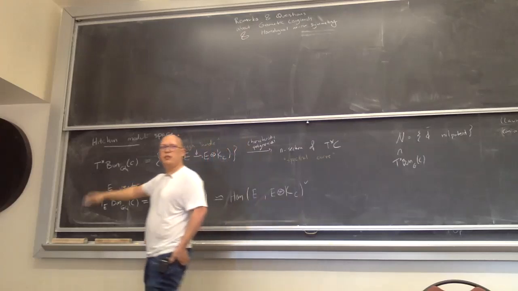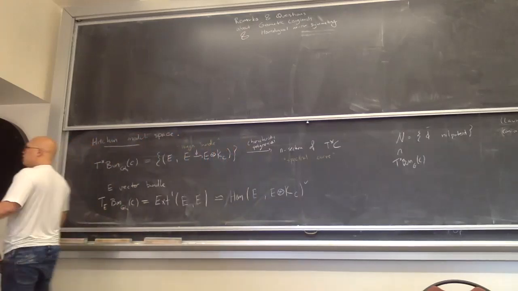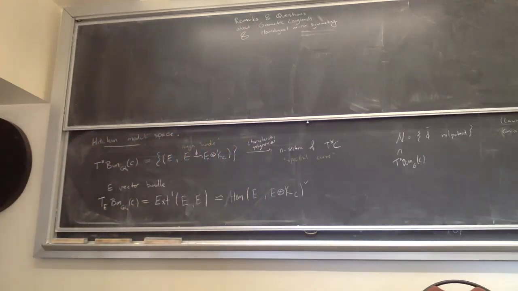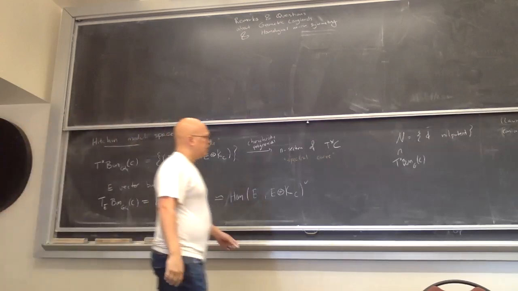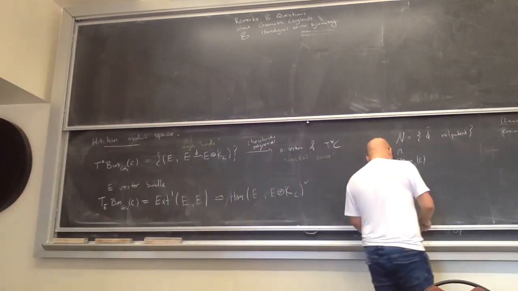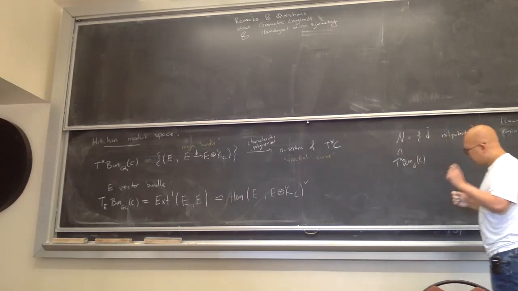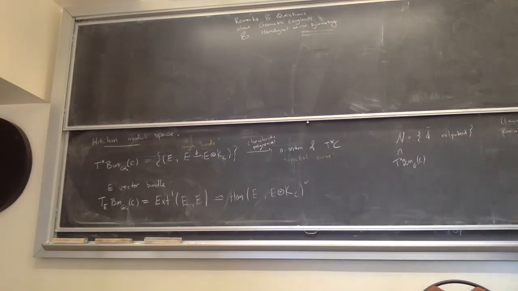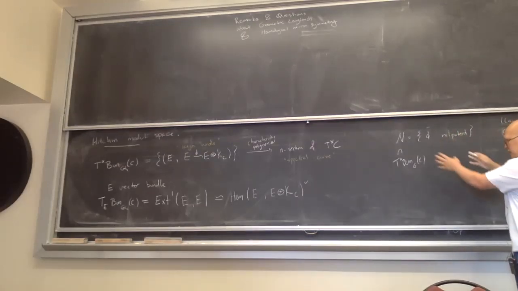Maybe I discussed a little bit what microsupport is about. I think it's certainly a belief and maybe a theorem that these Hecke eigen objects have to have this nilpotent microsupport. But anyway, that's what this N is.